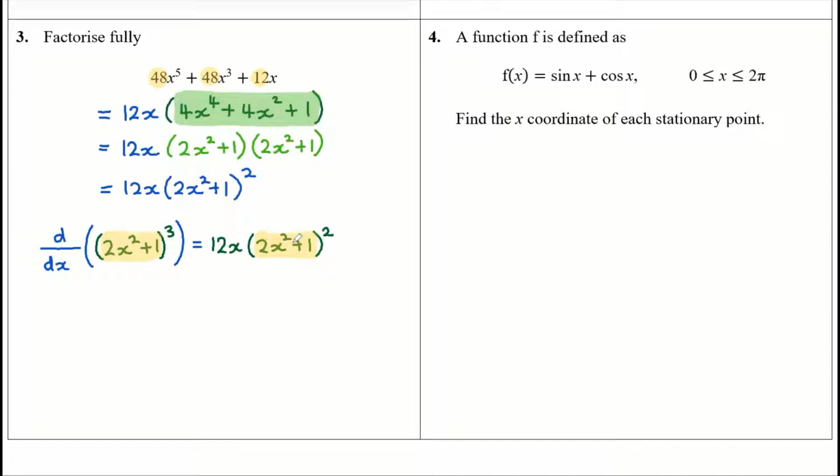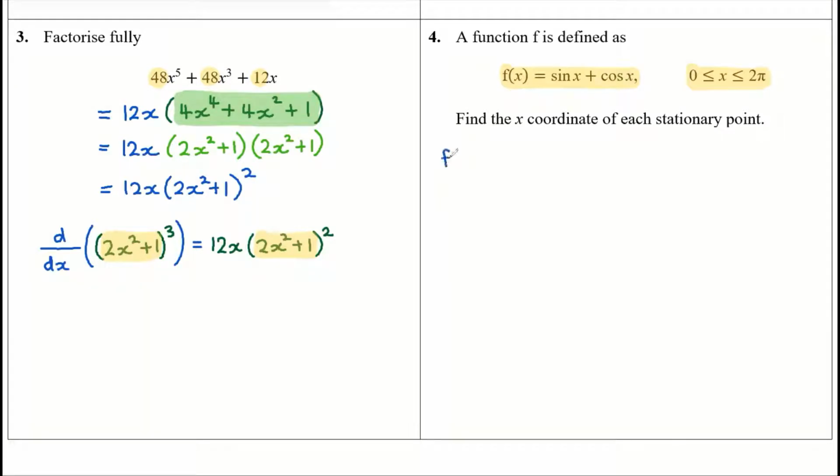Now, question 4. We're given a function defined harmonically. We've got sine x plus cos x, like that, and we have to find the x coordinate of each stationary point. And you'll notice we've got an interval to consider here. So let's do that. We can differentiate directly.